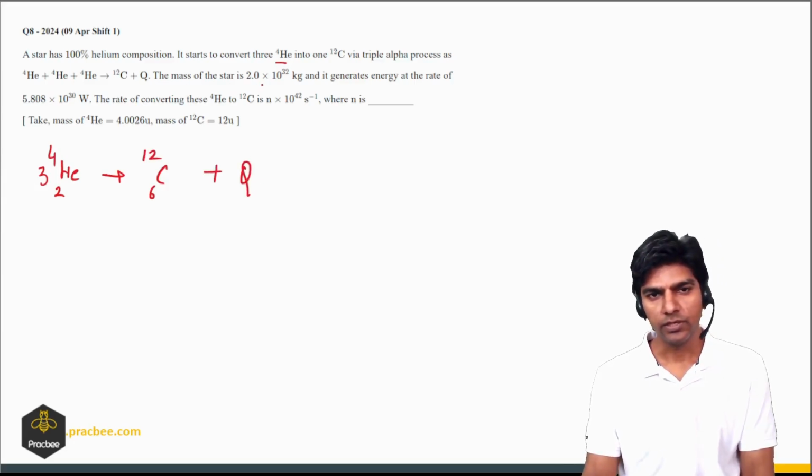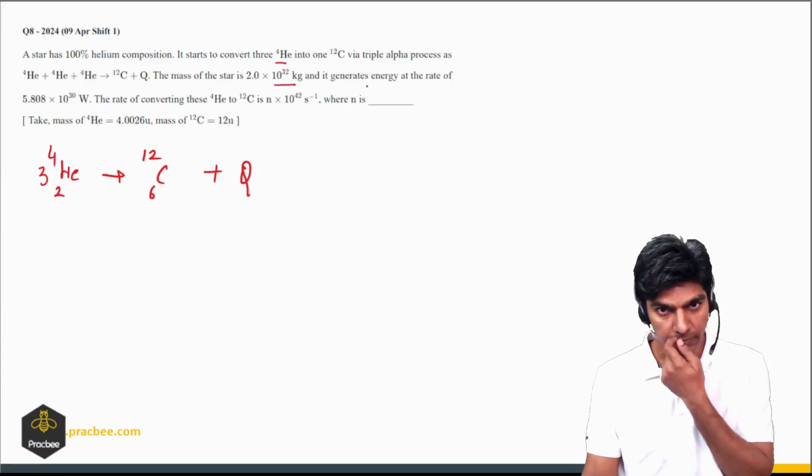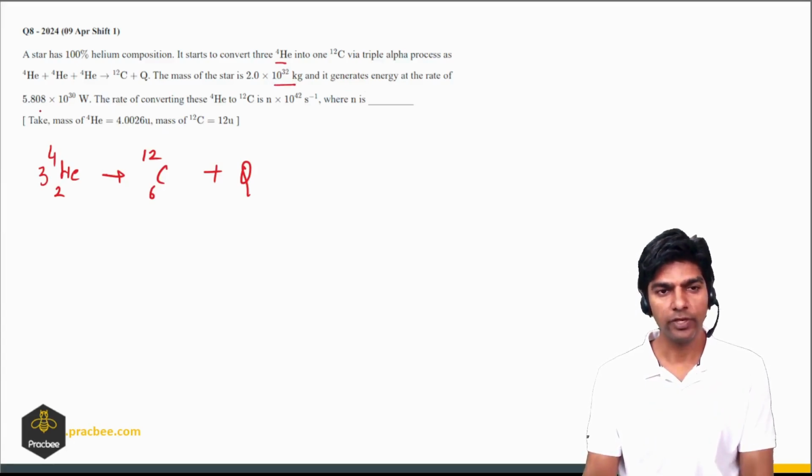The mass of the star is 2 times 10 raised to power 32 kilograms and it generates energy at a rate of 5.808 times 10 raised to power 30 watt. The rate of converting these helium to carbon is n times 10 raised to power 42 per second, where n is.